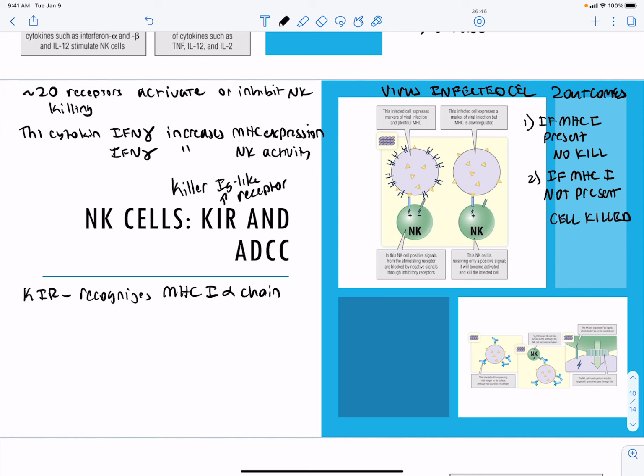We have NKG2 and CD94 that recognize HLA-E. And both of these will inhibit killing.